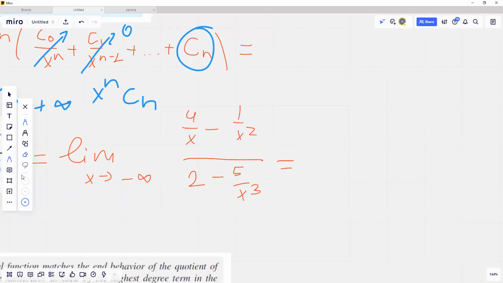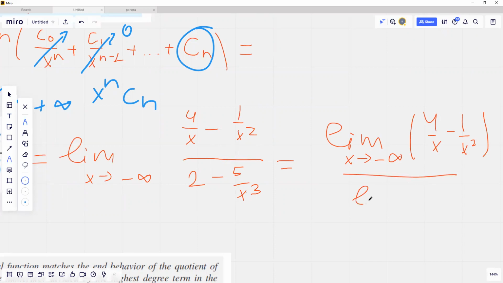So both limits are finite and exist. So we can express this limit of a ratio as a ratio of limits. So we'll end up with the limit as x goes to minus infinity of 4 over x minus 1 over x squared, divided by the limit as x goes to minus infinity of 2 minus 5 over x cubed.